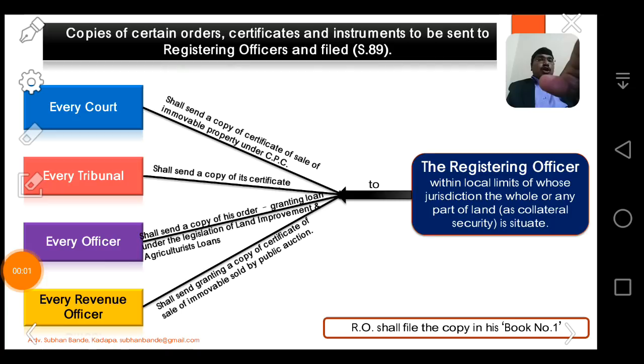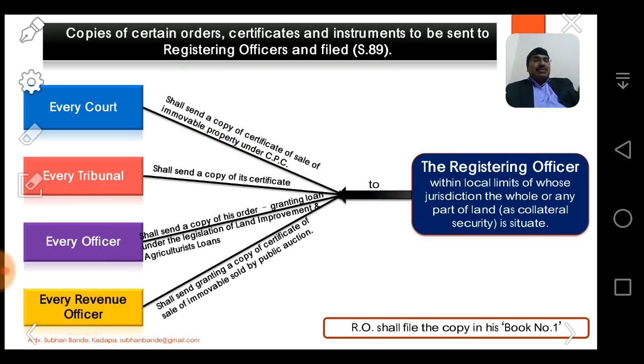Next, copies of certain orders, certificates and instruments to be sent to the registering officers. Every court shall send a copy of the certificate of sale of immovable property under CPC to the registering officer within whose local limits of jurisdiction the whole or any part of the land is situated.